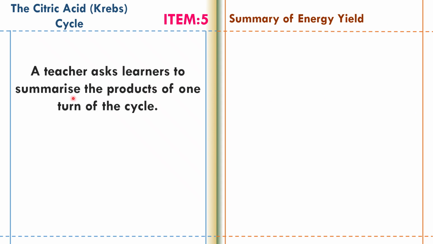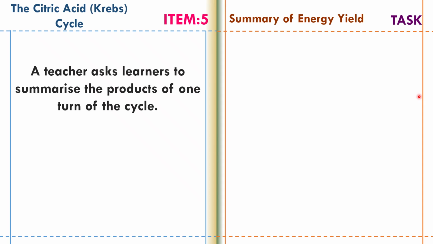The citric acid Krebs cycle, item 5. We are now looking at the summary of energy yield. A teacher asks learners to summarize the products of one turn of the cycle.